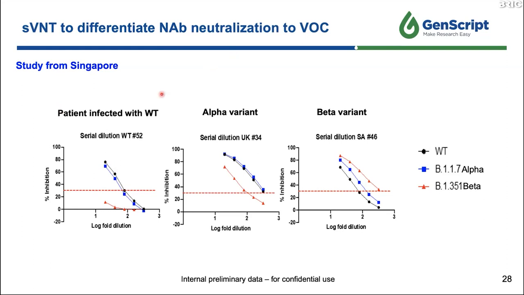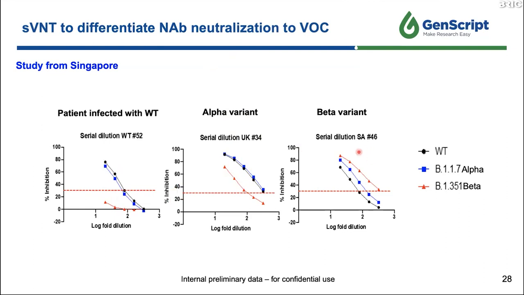As shown here, for a patient who is infected with the wild type, it was found that the percentage inhibition of the wild type and alpha is the highest. And when it comes to beta, there's a significant reduction. For patients who are infected with the alpha, we also observed similar findings with a significant reduction of percentage inhibition against beta.